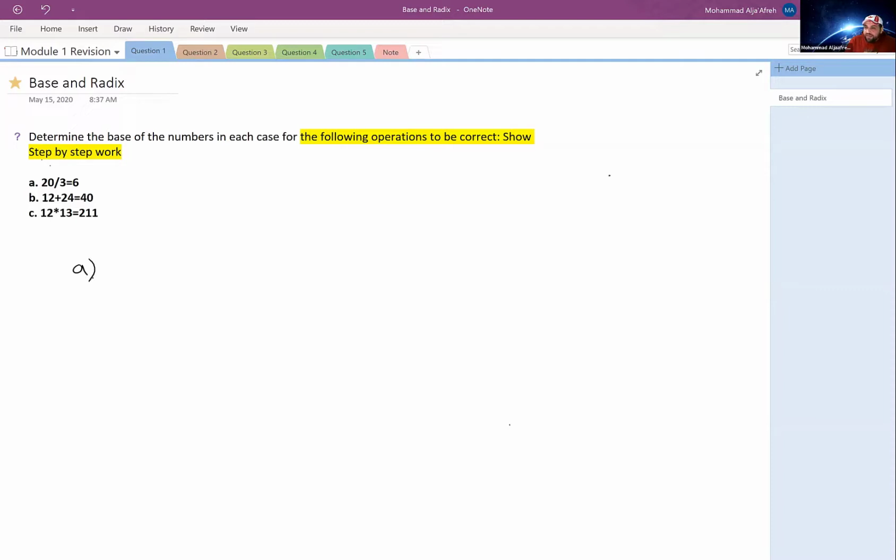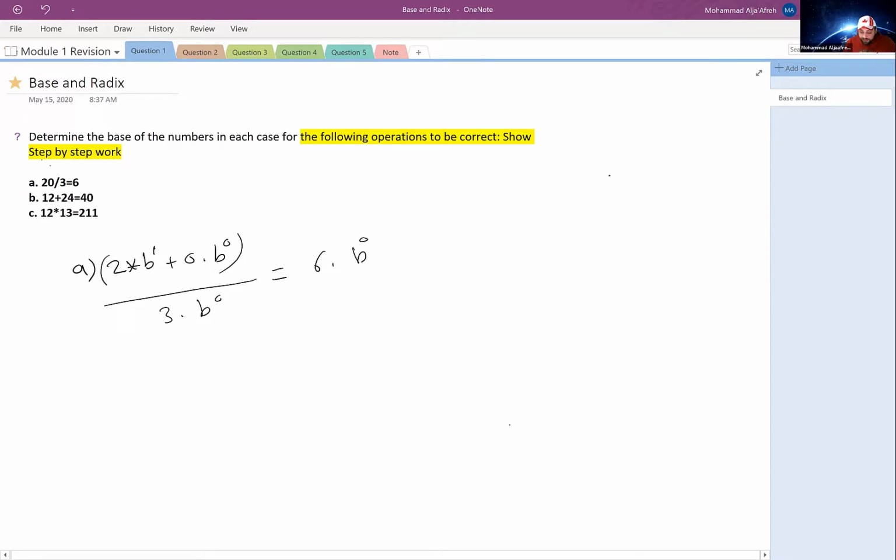So how can I represent 20 knowing that I don't know the base? It's 2 multiplied by the base to the power 1, plus 0 multiplied by the base to the power 0, over 3 multiplied by the base to the power 0, which is equal to 6 multiplied by the base to the power 0.